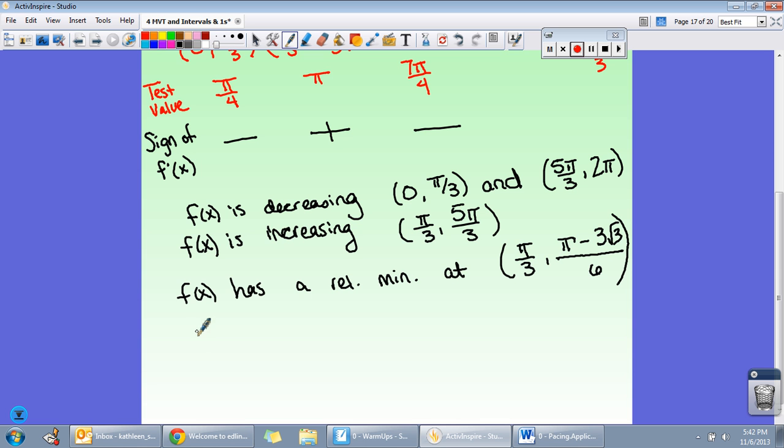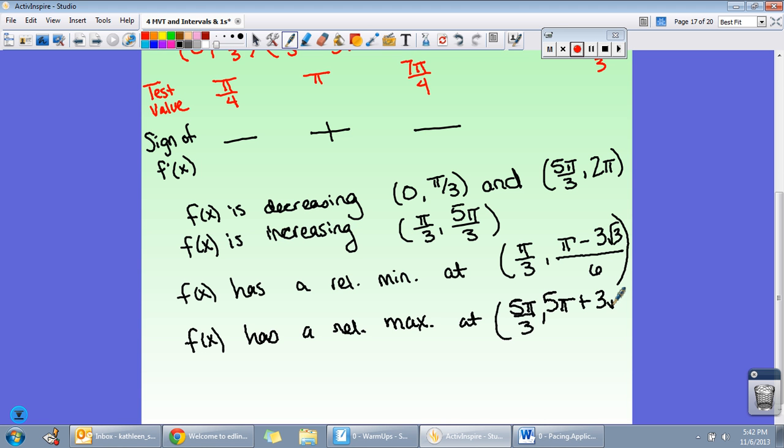And then we know that f of x has a relative max at 5 pi over 3. And again, that's because the sign changes from positive to negative, and the y value for that is 5 pi plus 3 square roots of 3 all over 6.